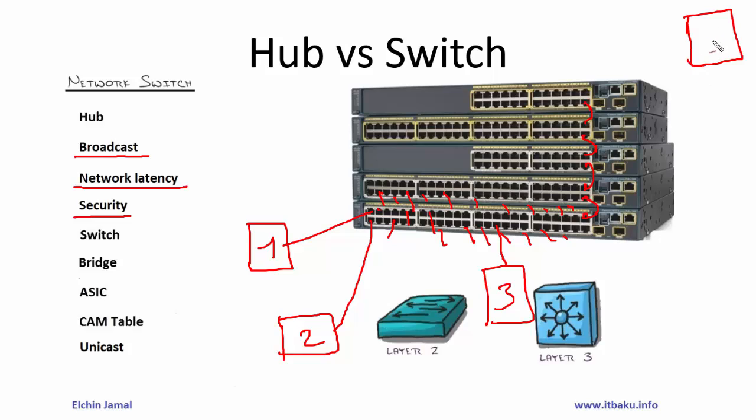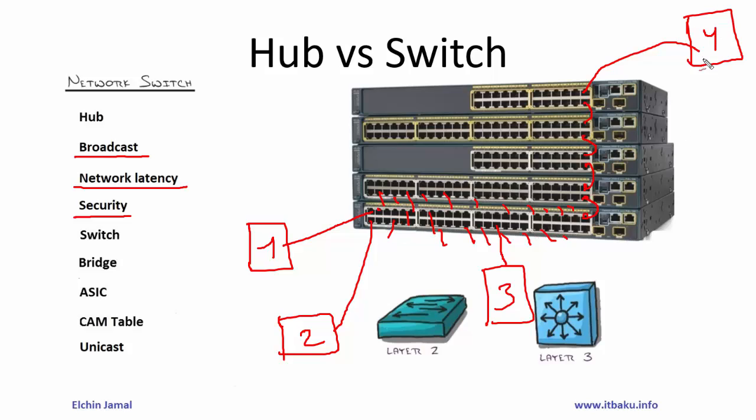For instance, computer number 1 wants to send some information to computer number 4. Computer number 4 is connected to some port on another hub, and when the first hub receives this information, it sends a broadcast signal to all its ports.